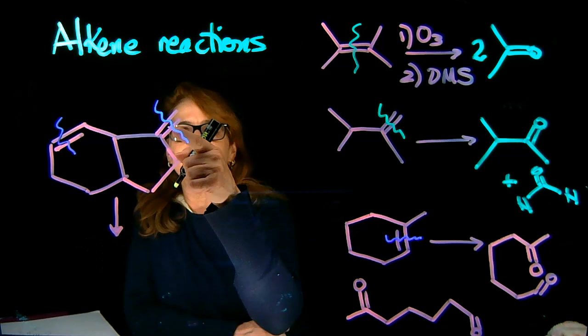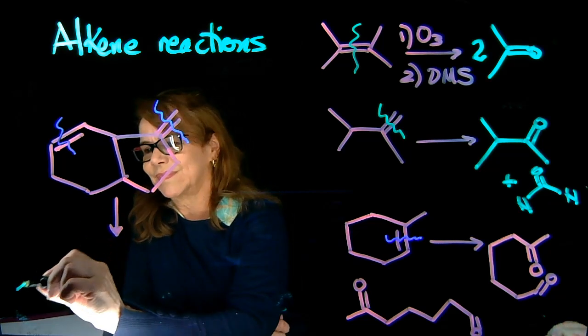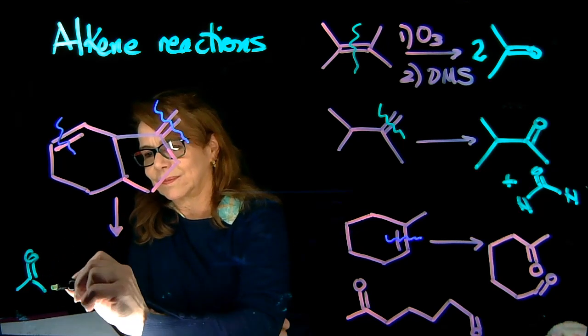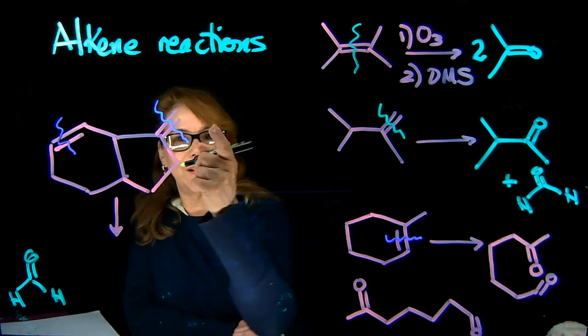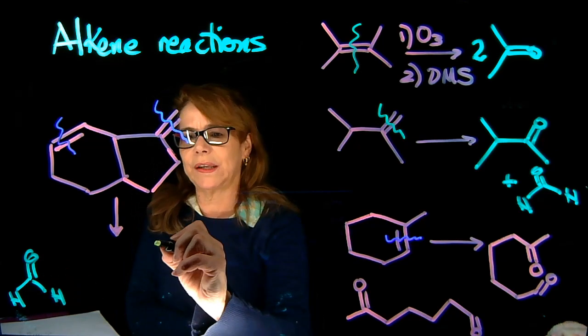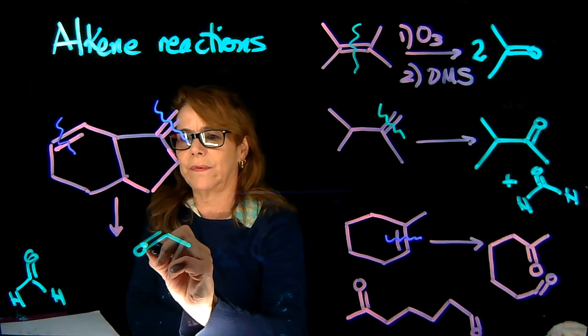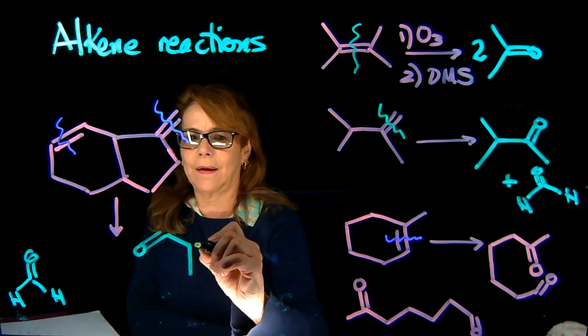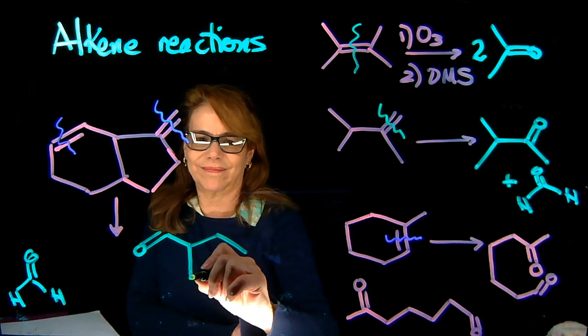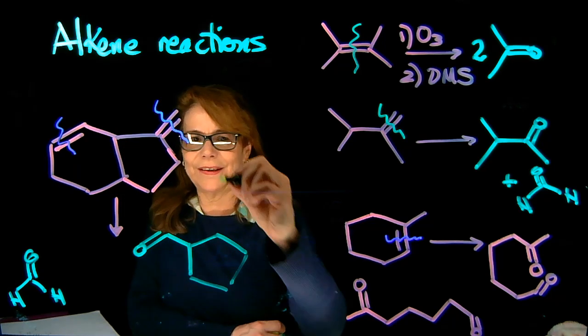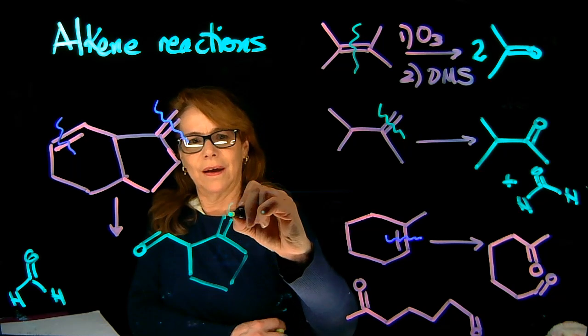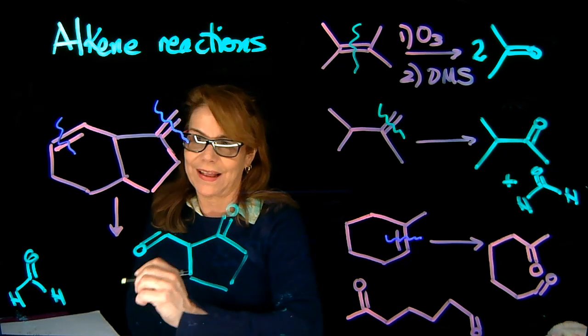We're going to form first formaldehyde, which is the one there. Then we're going to be breaking all of the other bonds. See, this is that. And here you will have a double bond to O, that's that.